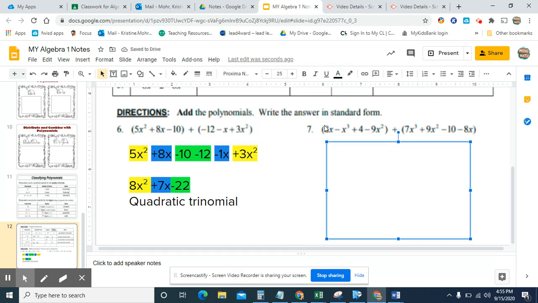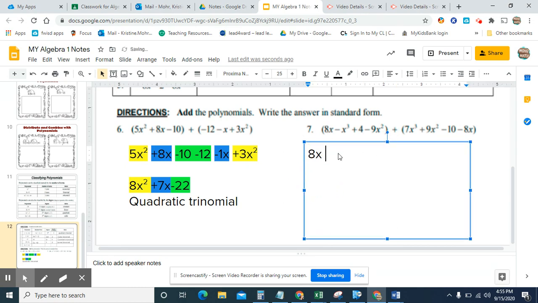I'm going to do the same thing, just basically rewrite all of this without parentheses. So we have 8x minus x cubed plus 4, forgot to take the exponent off. So plus 4 minus 9x squared.